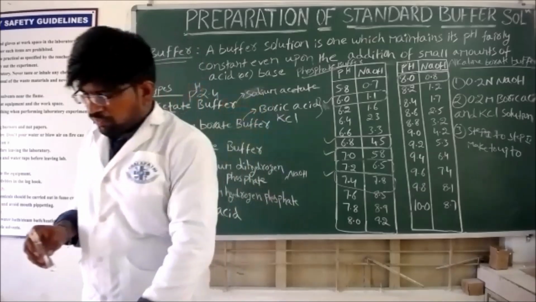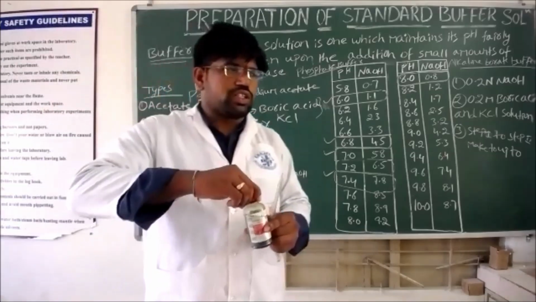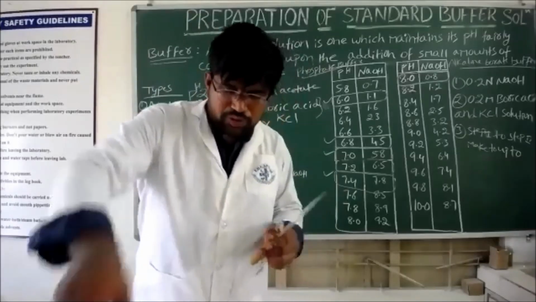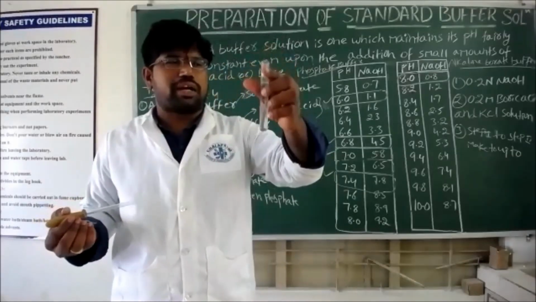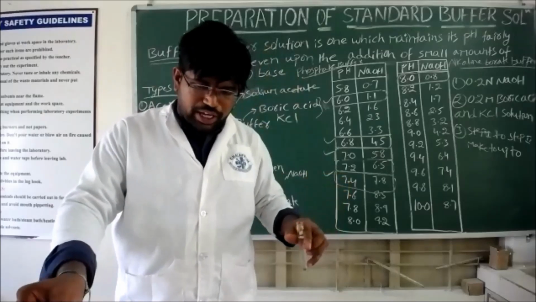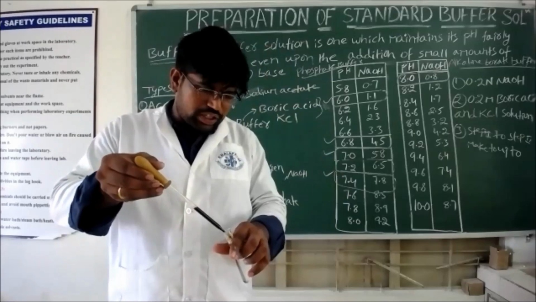After making the volume up to 10 ml with distilled water, add a drop of universal indicator. This universal indicator will produce the color. So this is the preparation of the standard buffer. In order to check the buffer, we add a drop of universal indicator.